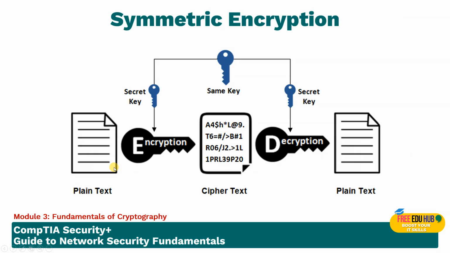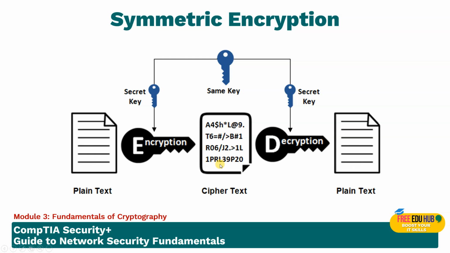Now, as you can see in symmetric encryption, if we want to convert a plain text into a ciphertext, we'll use one key, and the same key will be used by the recipient to decrypt the information.